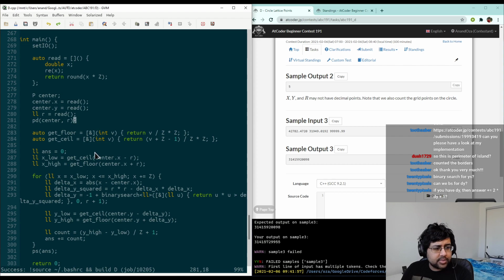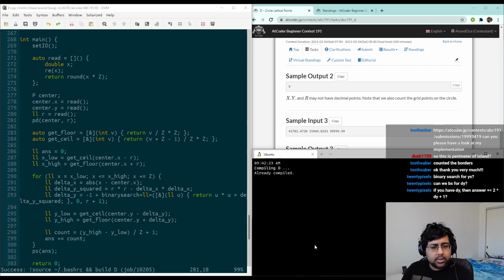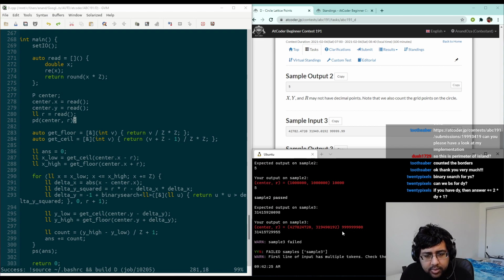Let's first just check to make sure this is even reading the input correctly. So 999.99. Okay, so that seems good. That seems good, and that seems good. Yeah, so there's no rounding errors while reading the input at least.